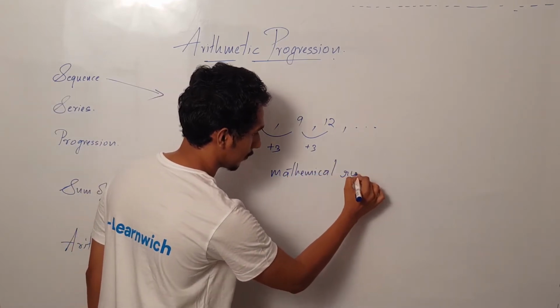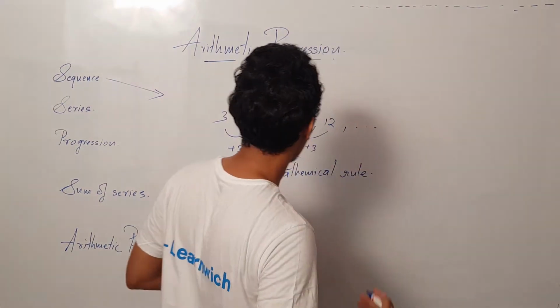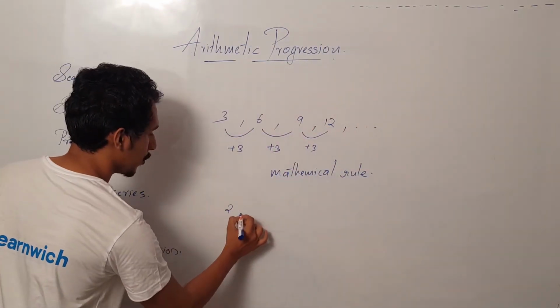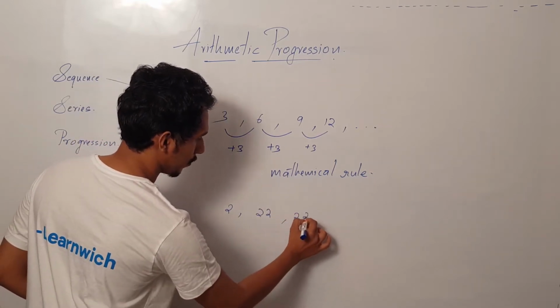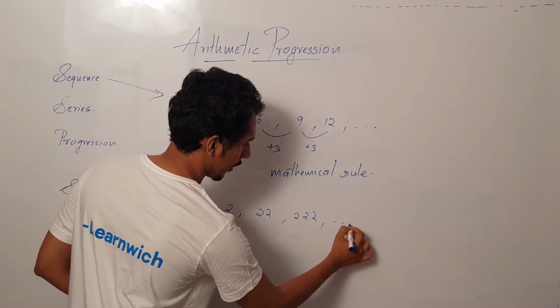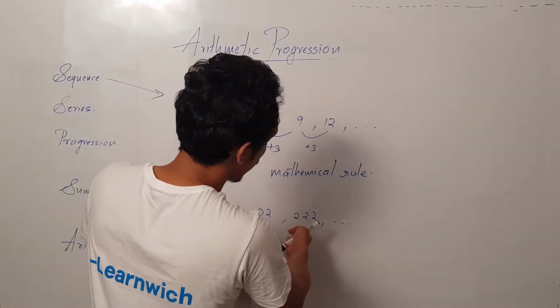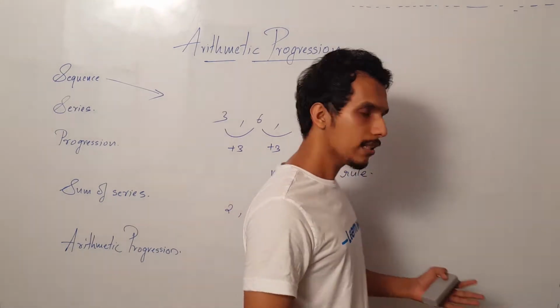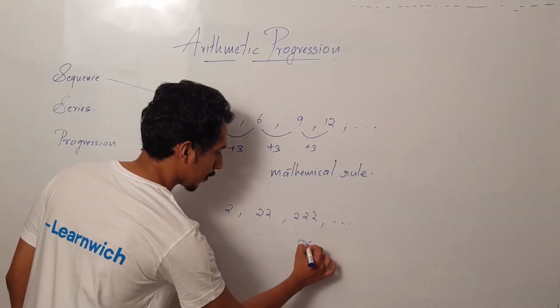So there is a certain kind of mathematical rule associated with it. What if I write numbers like 2, 2, 2, then 2, 2, 2, and so on? You can guess the other numbers also. So here there is a pattern.